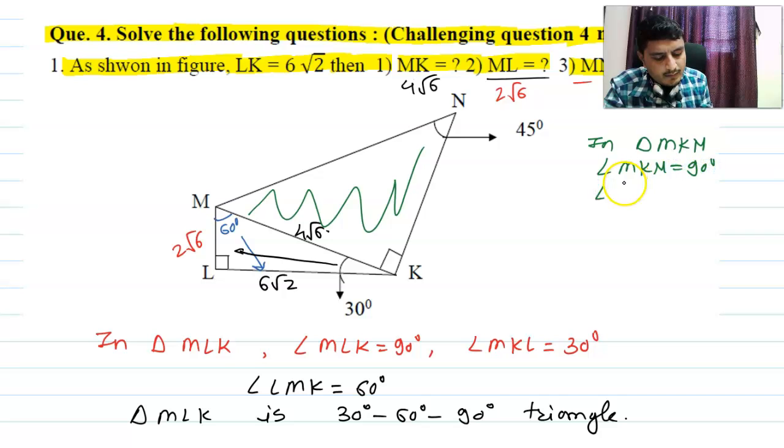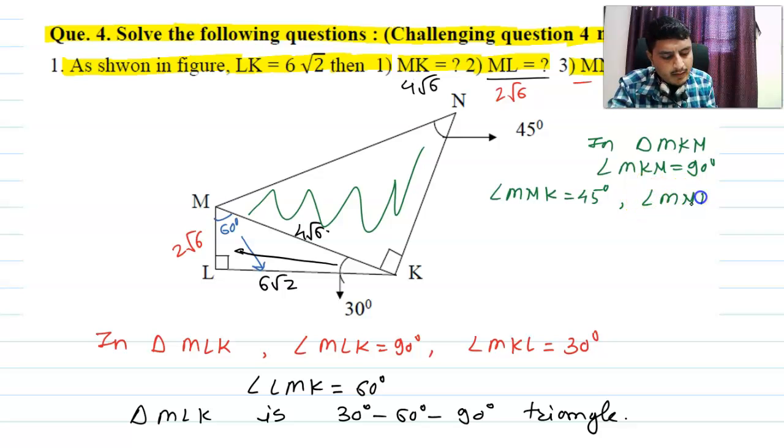As per the given, angle MNK is equal to 45 degrees. Since the sum of all angles of a triangle is 180 degrees, the remaining angle NMK is equal to 180 minus 90 plus 45, which is 135, so we get 45 degrees.